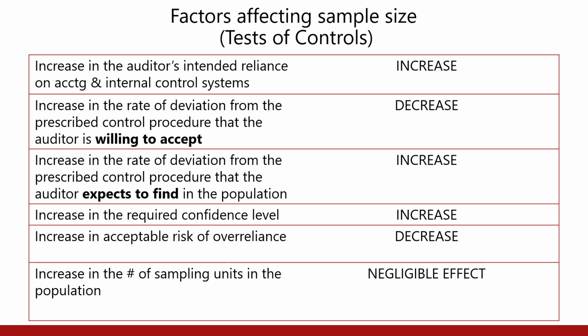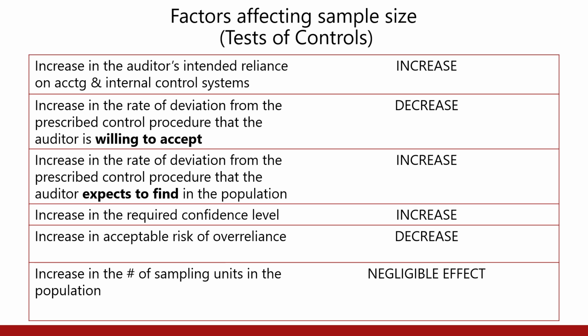Increase in the required level of confidence would have the same relationship as increase in your intended reliance, which is direct. So the higher your required confidence level, the more you would be testing. Increase in the acceptable risk of over reliance. And for this, we need to take a step back and recall the risk of over reliance is a type 2 risk.